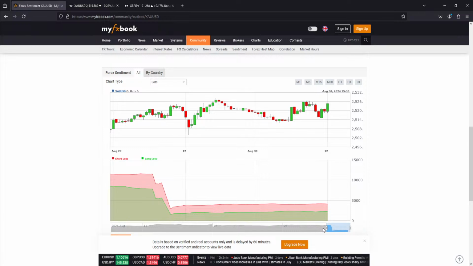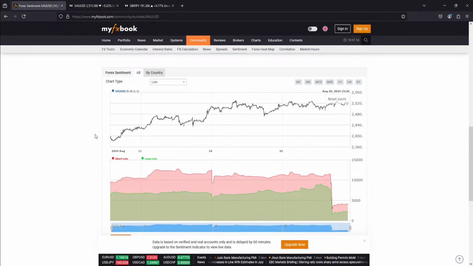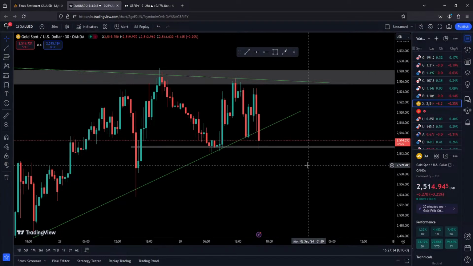So if I zoom out a little bit in gold, obviously the same thing is happening over here. But if we look at gold, we can clearly see right now that the number of sellers is higher than the number of buyers. So that means the market might move up.